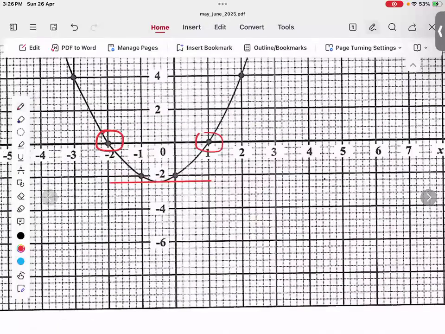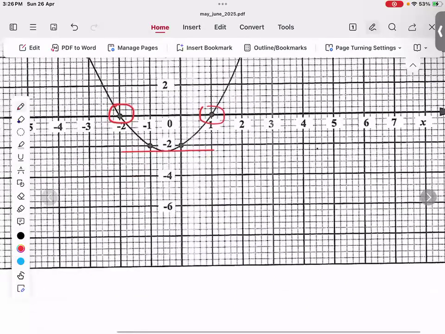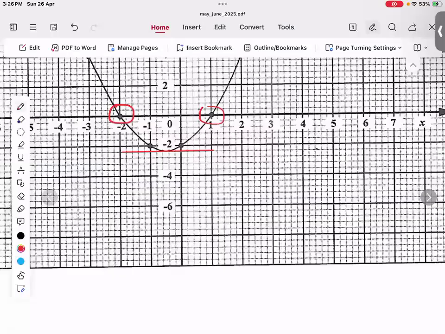-2.2? Yeah, -2.2. You sure? -2.4. -2.4 or -2.2? We're not confused. All right, so if this is a 0.4, this is a 0.8, this is a 0.12.